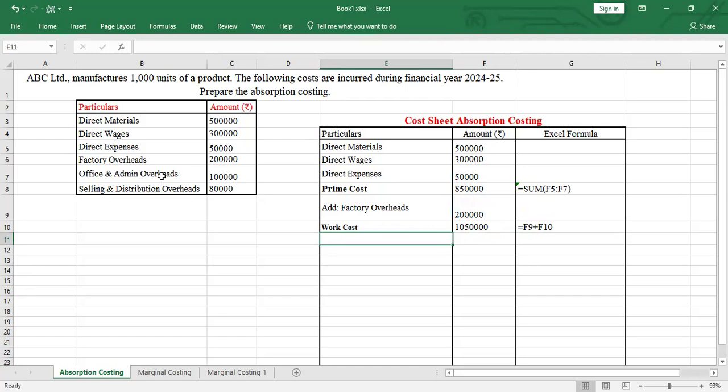Apart from that, we also have to consider office and administration overhead. The amount will be 1 lakh rupees. If we add 1 lakh rupees, we will be getting cost of production.